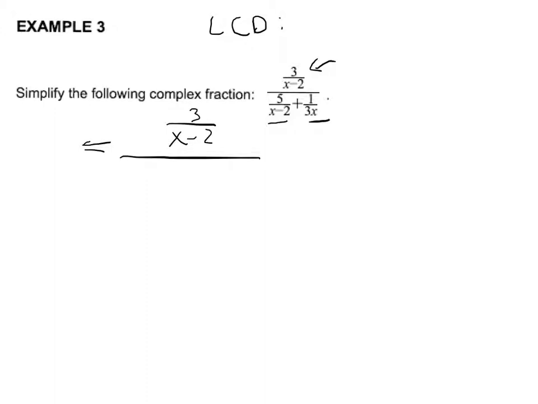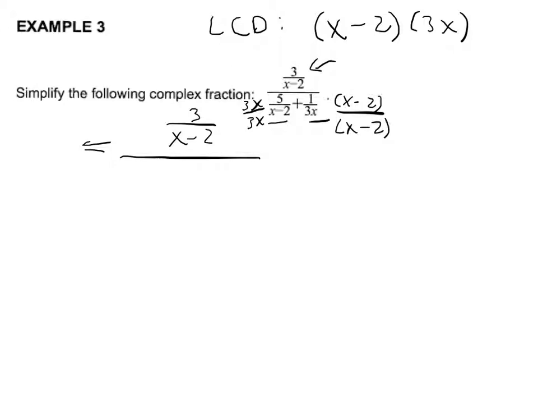The LCD is going to be x minus 2 from the first rational expression and 3x from the second. Don't really have to color code here because it's pretty simple. We can keep track of our factors pretty easily in this one. So I know that I need to multiply top and bottom here by 3x over 3x, and top and bottom on the second one by x minus 2 over x minus 2.